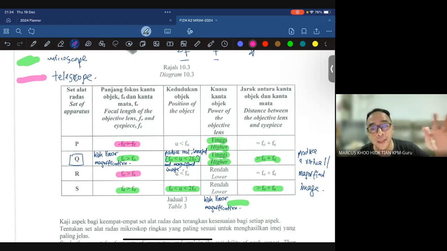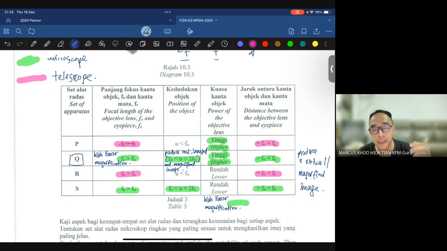I won't go into the reason, I just want you to know the feature. The other feature in this one is the distance equals FO plus FE. This you must remember. The other two have no relation actually, but I just want you to know the difference. For a microscope, the features are the green ones. For a telescope, the features are the pink ones.